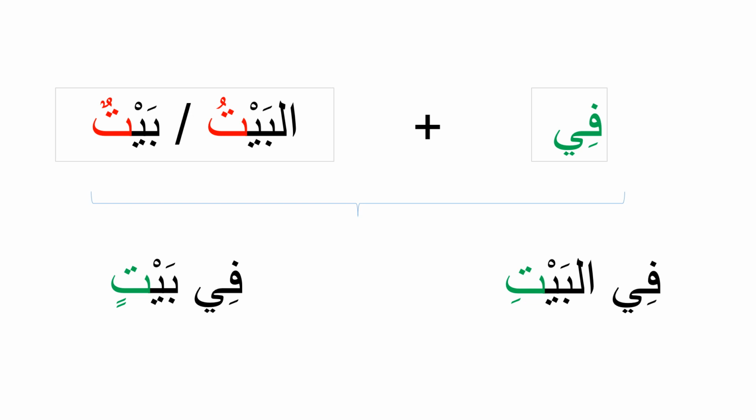As you can see, we have changed the last movement mark of both versions of the noun, definite and indefinite one, to kasra and double kasra, and this is known as the genitive case. Be careful please. Genitive refers to the case ending, not the name of the compound constituted by the alliance of the two words. That's another story. A full lesson will be uploaded regarding this topic right after this series.